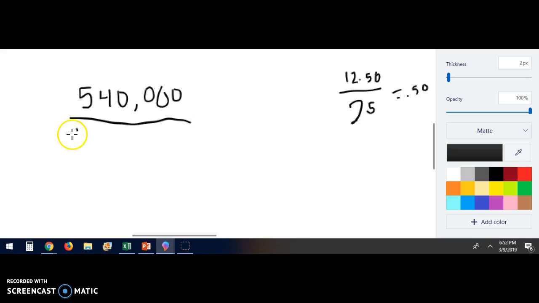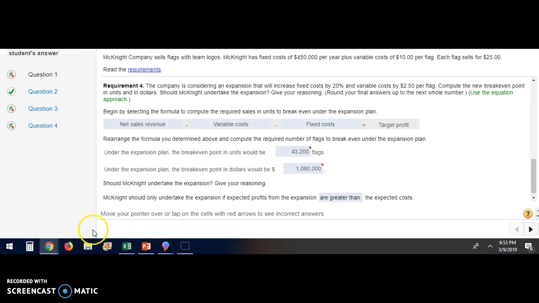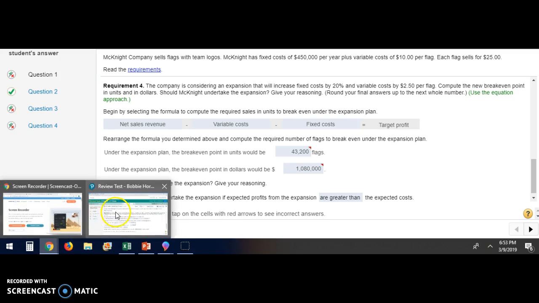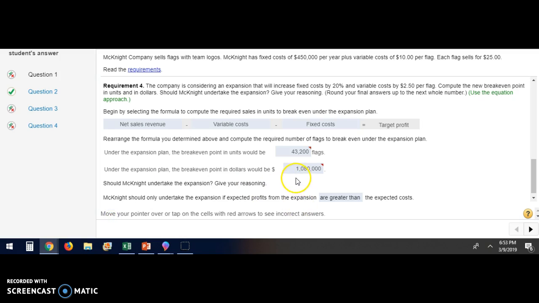So if you do the new fixed costs we want to cover, our break-even point would be, we need to cover our fixed costs. We don't want to make a dime over that, just enough to get by to cover our bills. You're going to have to do $1,080,000 in sales. So that's where the dollar number comes from. Now, how many flags would that be?